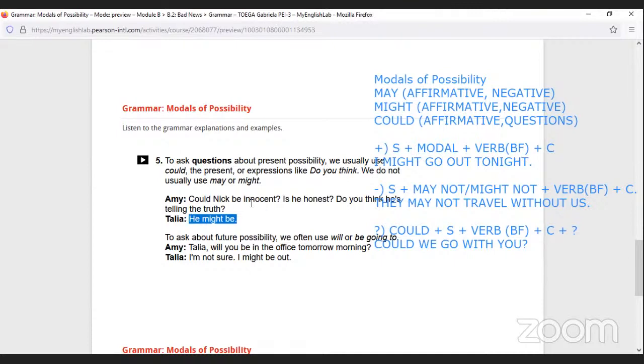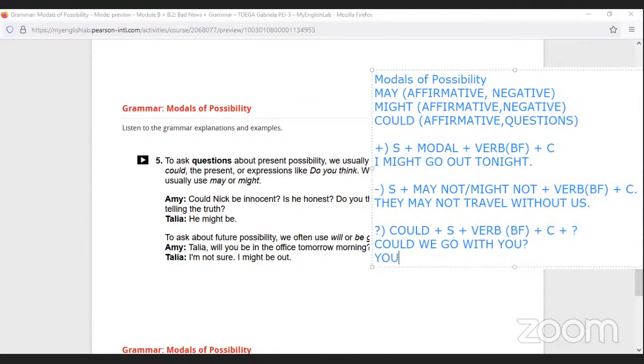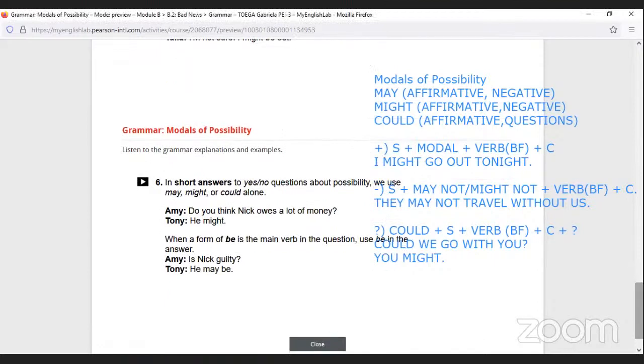And if in the question we have the verb to be, always we are gonna use the verb to be with may or might, okay? But the answer is gonna be that, okay? For example, could we go with you? You might. So that is how we're gonna answer, okay?